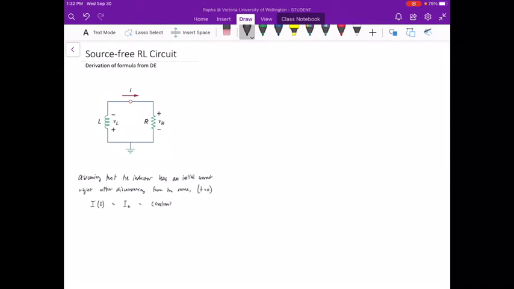Now, applying KVL in this one loop yields only two voltages. We have voltage across the inductor VL plus voltage across the resistor VR equal to 0.